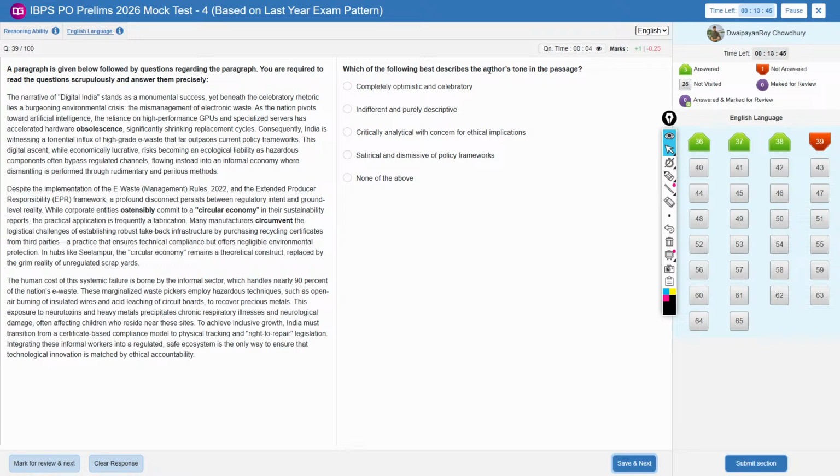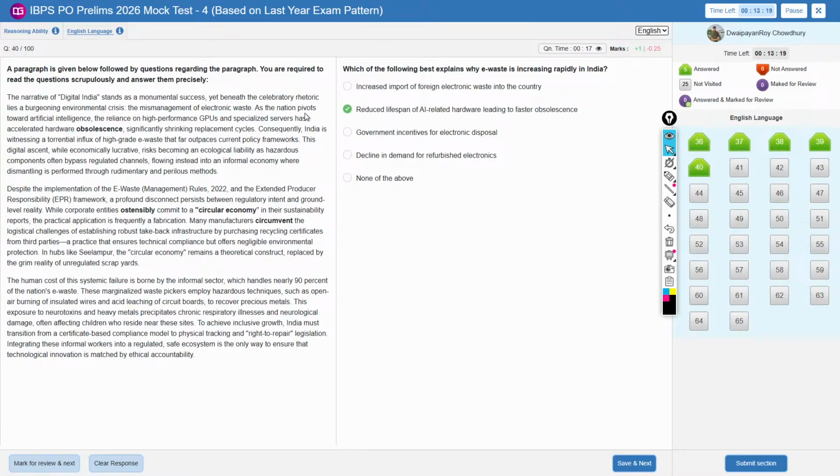Which of the following best describes the author's tone? Completely optimistic, indifferent, cynically critical with concern for ethical implication, satirical, no. Which of the following best explains why e-waste is increasing rapidly? Reduced lifespan of AI hardware leading to faster obsolescence, maybe governance incentives, decline in demand, increased import.